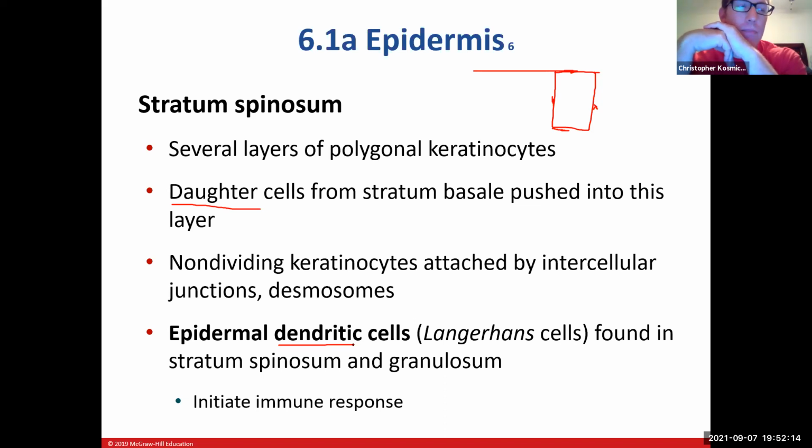And in fact, quite a lot of skin cancer that could become an issue, these cells intercept those cancerous cells usually pretty early on. They're really cool cells, dendritic cells. You'll learn more about them in the immune chapter.